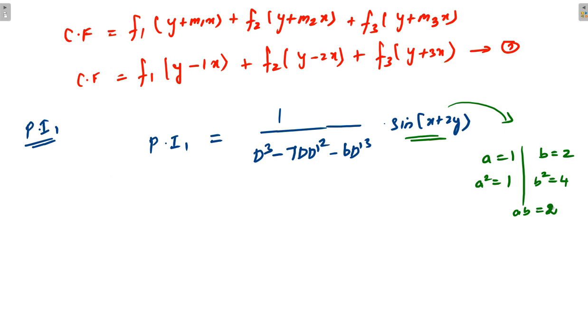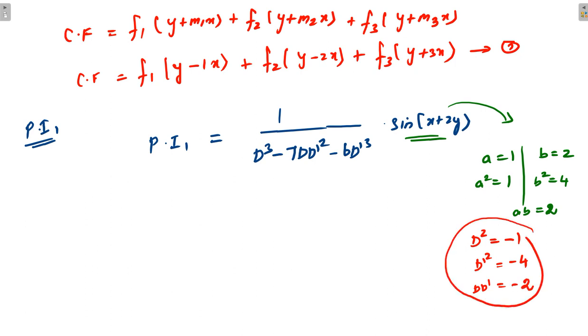So by using these values, I am going to write d square equal to minus a square, that means minus 1, d dash square equal to minus b square, that means minus 4, d d dash equal to minus ab, that means minus 2.